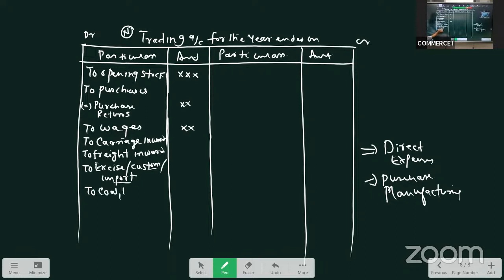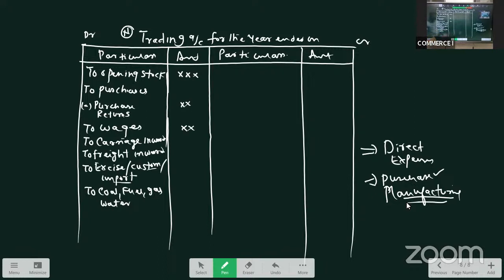coal, fuel, gas, water. All these are the items related to a factory. So that is why I told you items related to purchase or manufacturing will be taken in trading account. Coal, fuel, gas, water, power, all these are items we use in a factory, in a manufacturing concern.